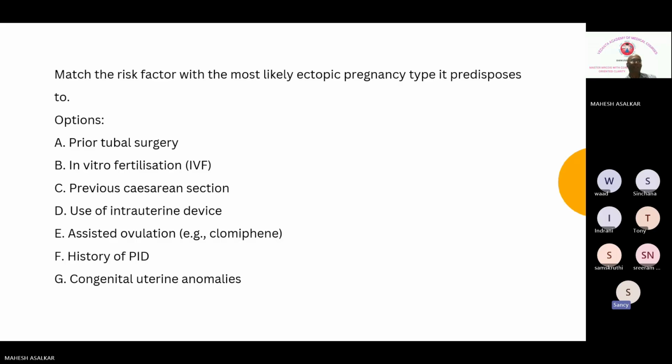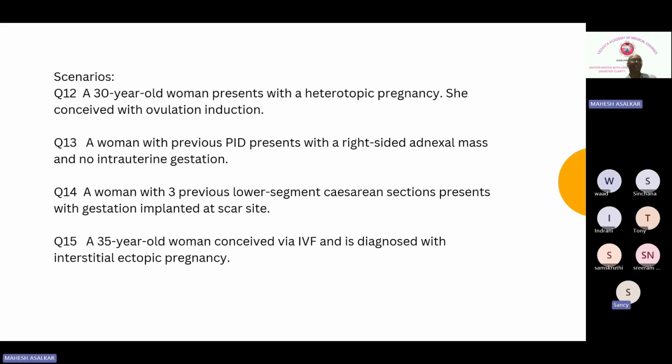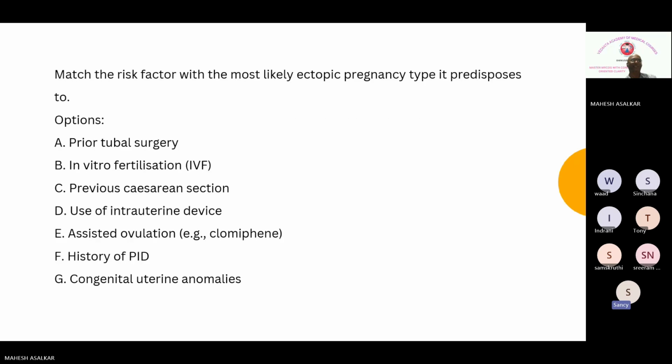Options: prior tubal surgery, in vitro fertilization, previous C-section, use of assisted ovulation. Can I see the question once again, please? A 30-year-old woman presents with a heterotopic pregnancy. She conceived with ovulation induction. The option is assisted ovulation, sir. E option.